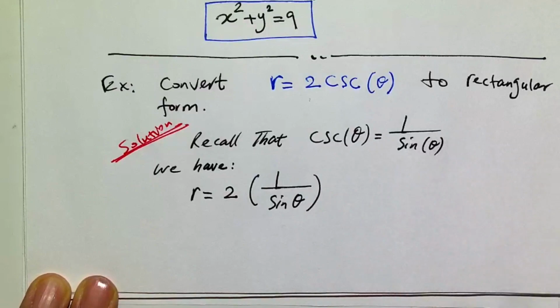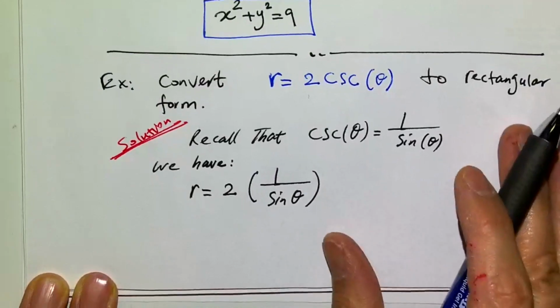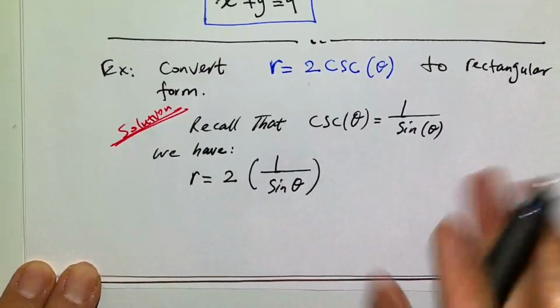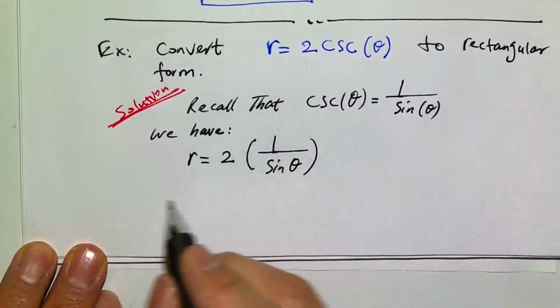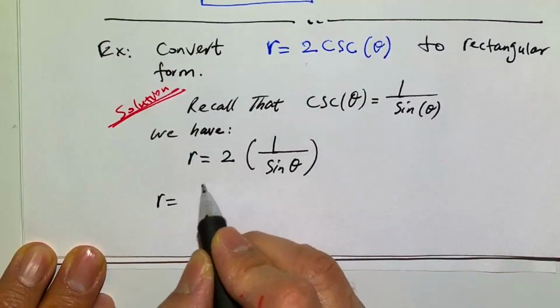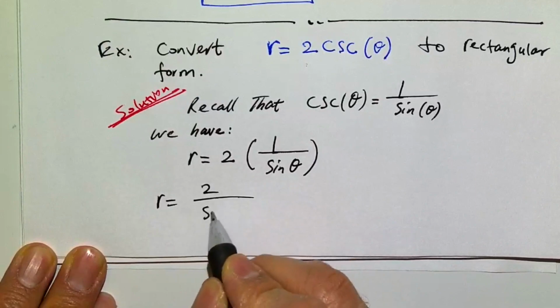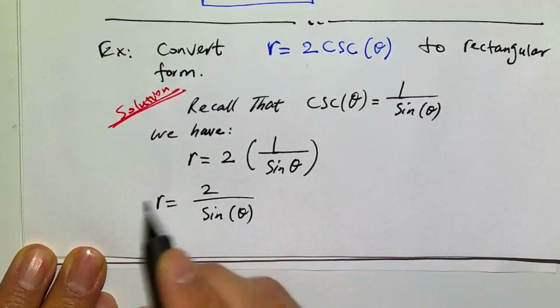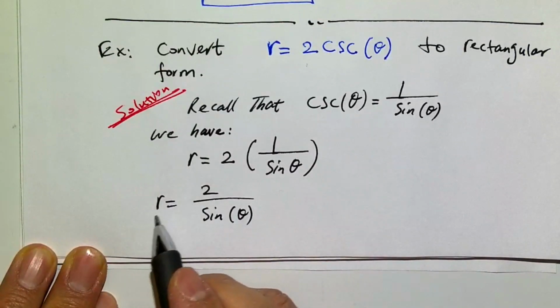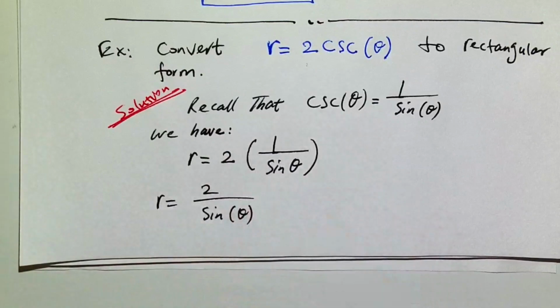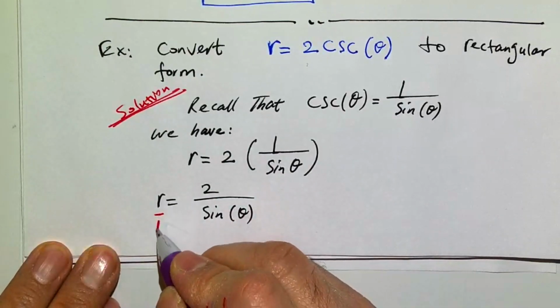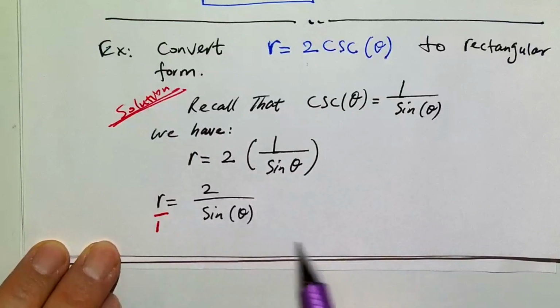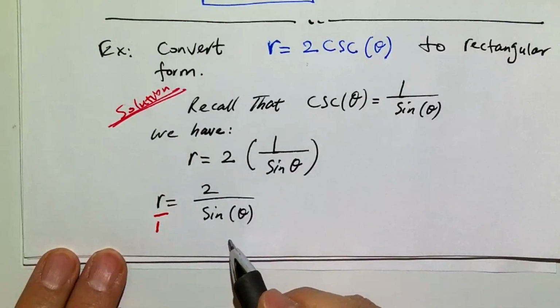So that's another good reason for us to convert from cosecant to sine. Now that we have that, let me take this step by step, 2 over sine theta. Now we can cross multiply, right? The denominator here is 1. So cross multiply, what do we get?